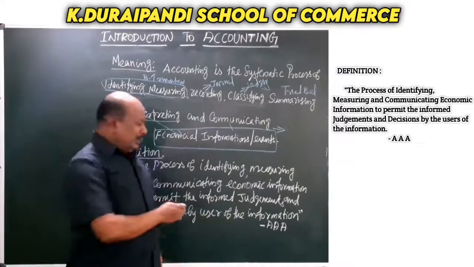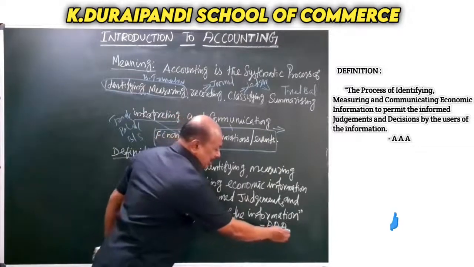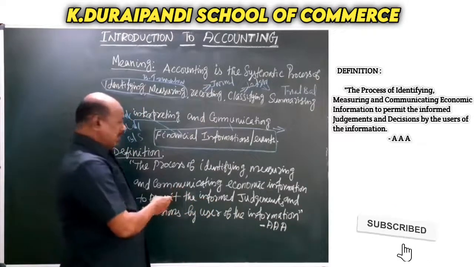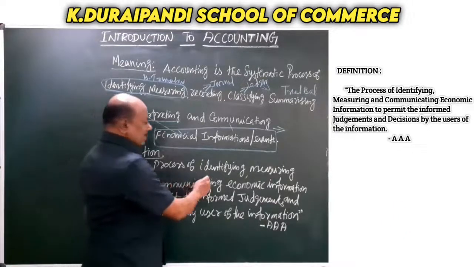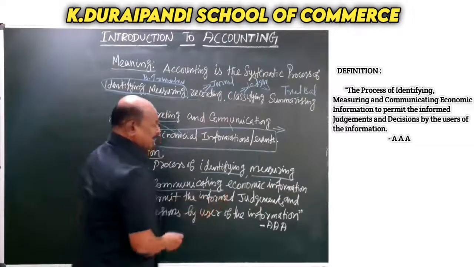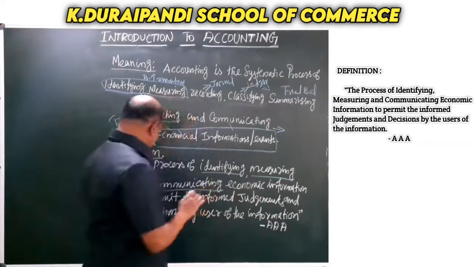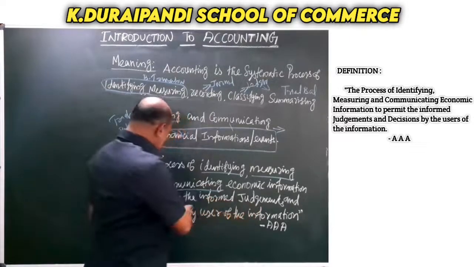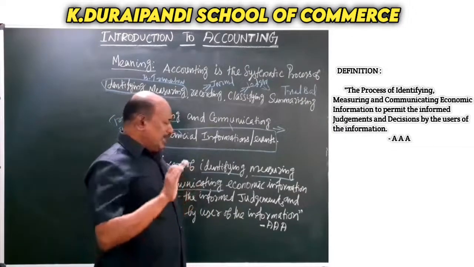We have to see the important definition given by the American Accounting Association. The American Accounting Association has defined accounting as the process of identifying, measuring and communicating economic information, that is financial information, to permit informed judgments and decisions by users of the information.